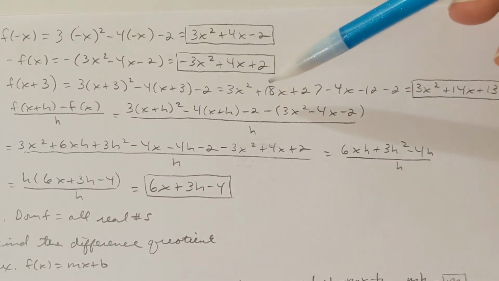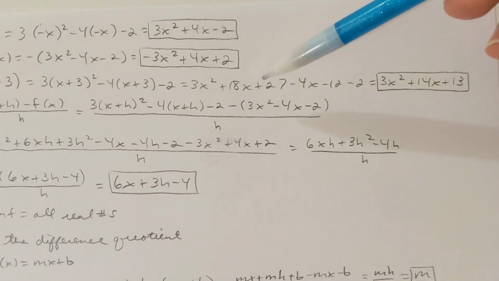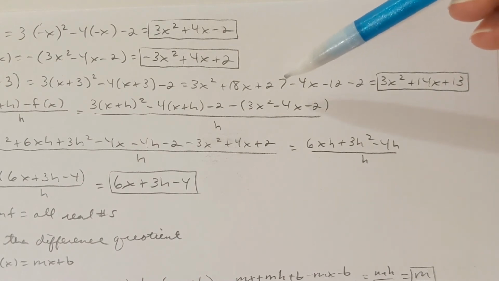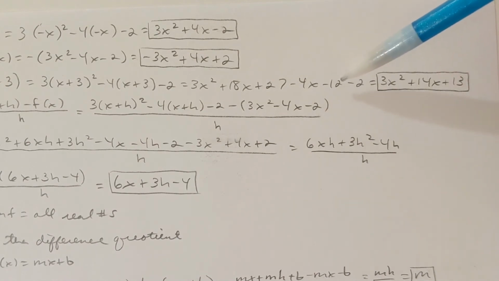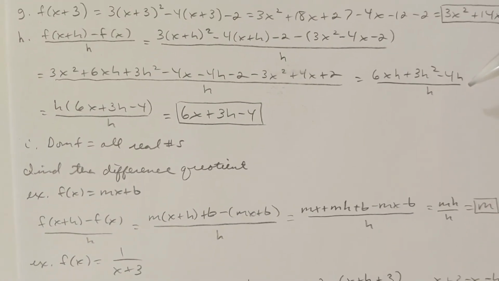So that gives me 3x squared. 18x minus 4x is 14x. 27 minus 12 is 15, minus 2 is 13. Okay.